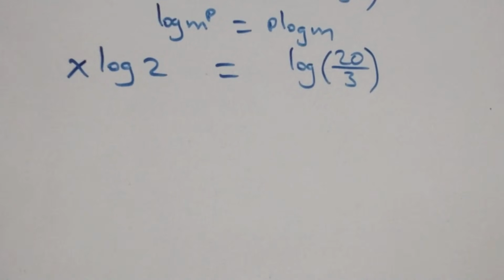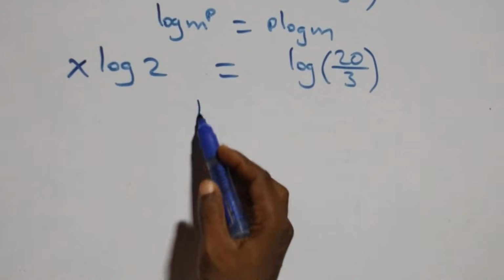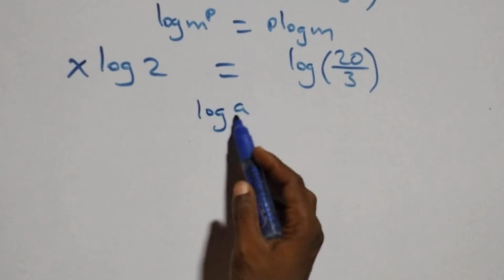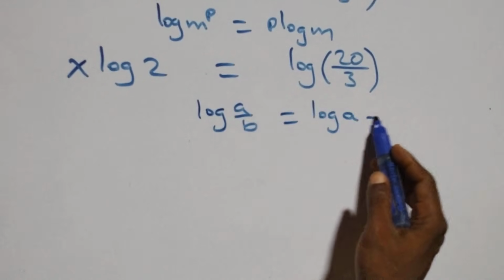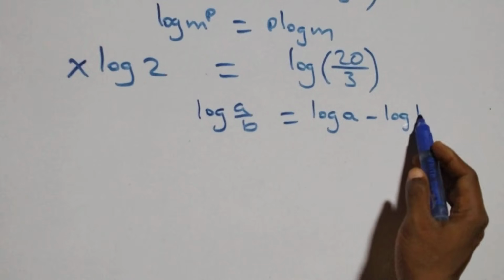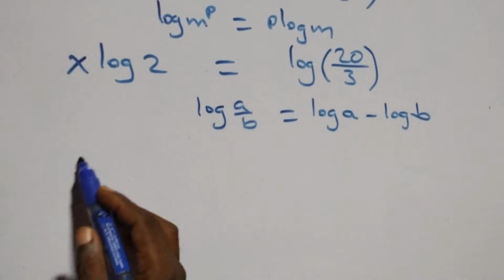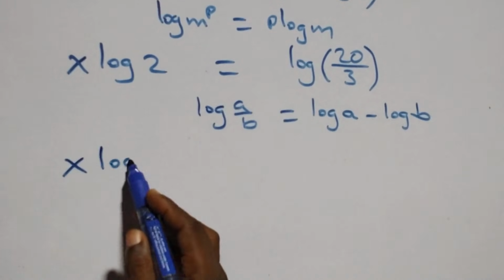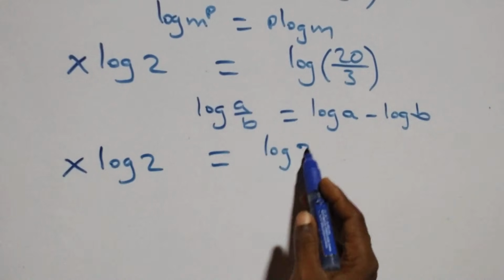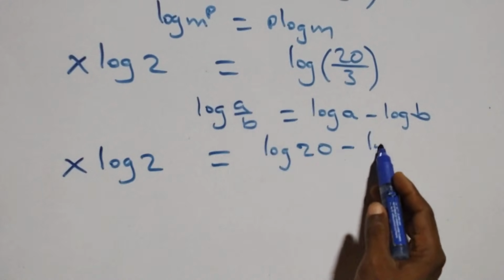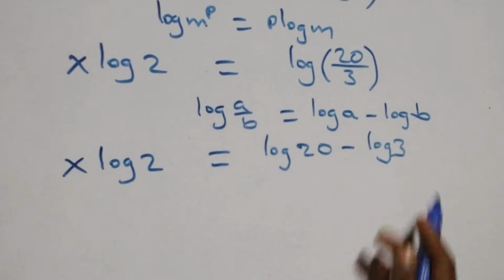Then next step here, this follows the law of logarithm. When we have log a over b, this is the same thing as log a minus log b. That is, here we have x log 2 equals log 20 minus log 3.